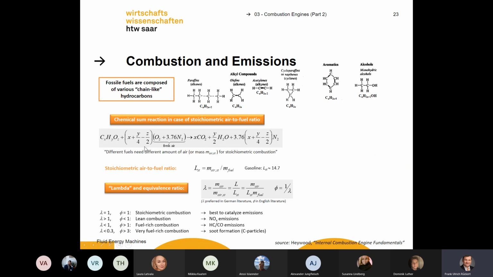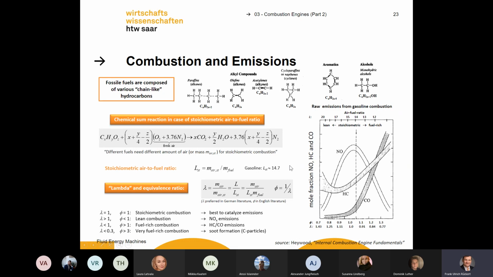Normally there will be hundreds of different chemical equations, but we made it easier. We calculated the easy way, as if we only had this substance. But in reality, we have hundreds of different molecules, and so we have hundreds of different combustion reactions. So normally this equation consists of 100 different equations or so. It's much more complicated in reality.